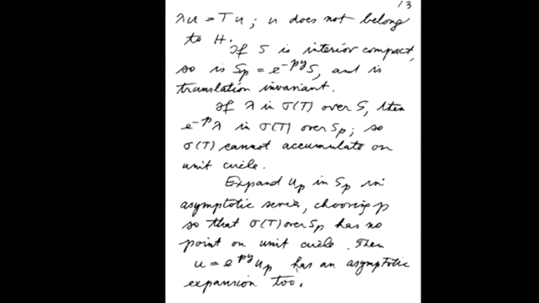This eigenfunction cannot be integrable, so it doesn't belong to the space H. But now, let me show by a simple argument that in fact the unit circle cannot be a point of accumulation of the spectrum. It's a very simple argument and goes as follows.